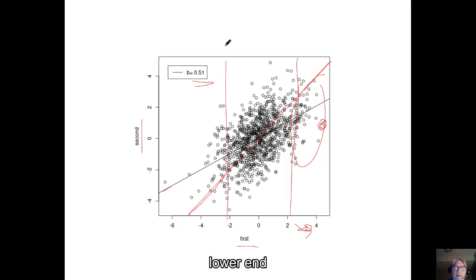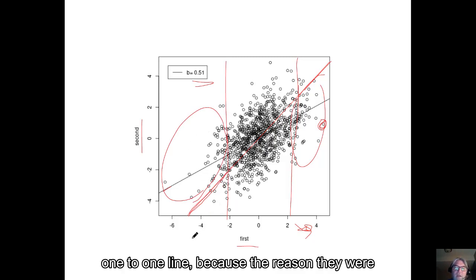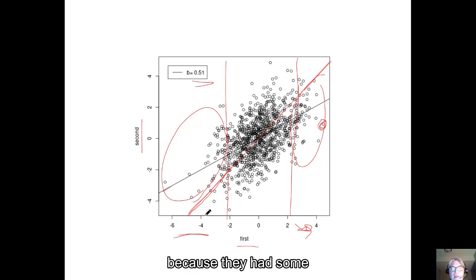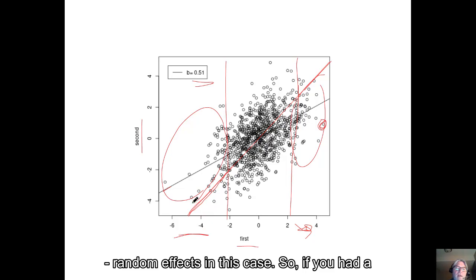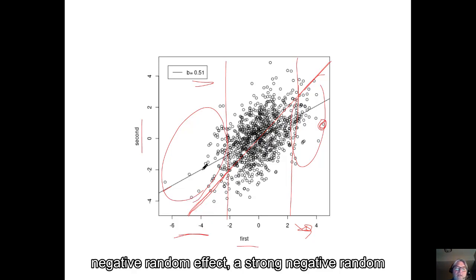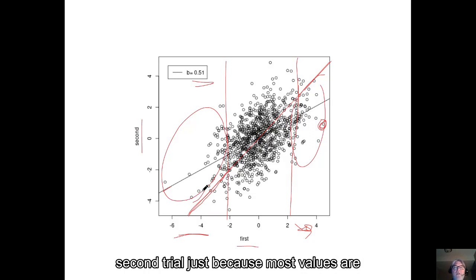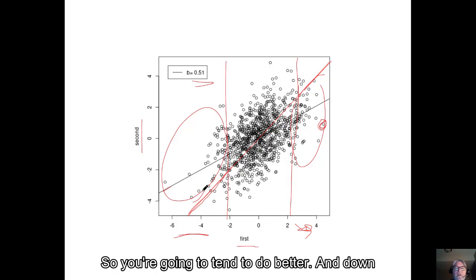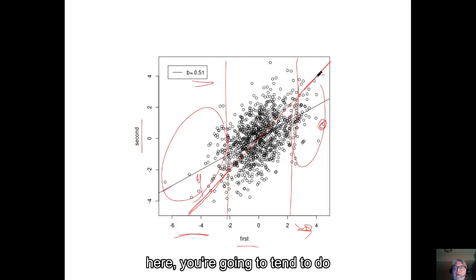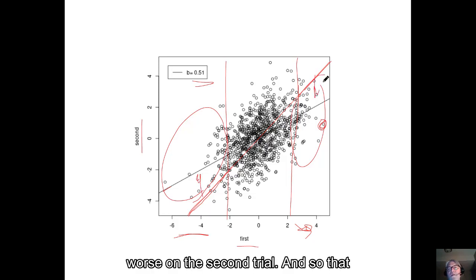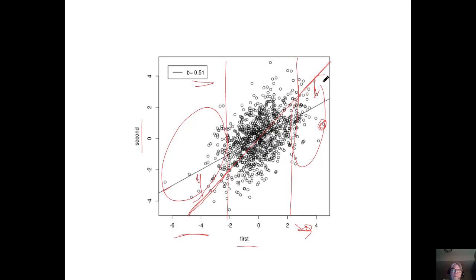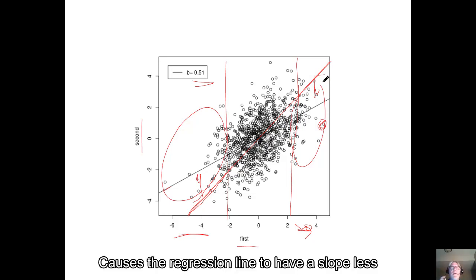And down here on the lower end, most of these points are above the red one-to-one line, because the reason they were low in the first measurement is because they had some combination of skill and negative random effects. So if you had a strong negative random effect on the first trial, you're probably going to be higher on the second trial just because most values are going to be centered around 0. So you're going to tend to do better. And up here, you're going to tend to do worse on the second trial. And so that causes the regression line to have a slope less than 1.